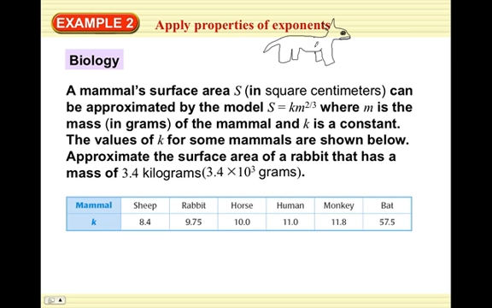Yep, there you go. The surface area of this animal, okay, is how much area is covered by his whole body. So if we calculate how much area, front, back, top, bottom, how much he is covered, his surface is covered by, if I could calculate that, it's used by this formula right here, this model.